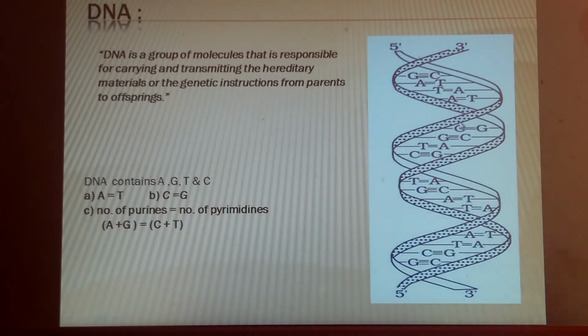One more important thing is that it will not be present only in this structure; it will also have a folded structure. It has a double helical structure, but as the length of the strands increases, like in the form of chromosomes in a cell, it might be present in coiled form. Why? Studies say that DNA in a cell is around 4 meters long.